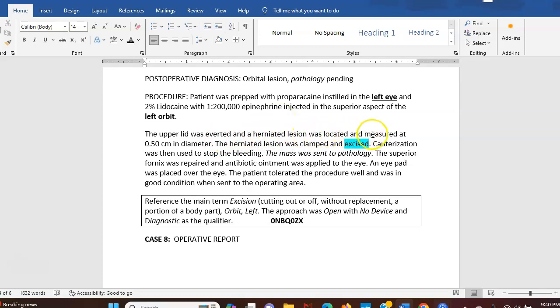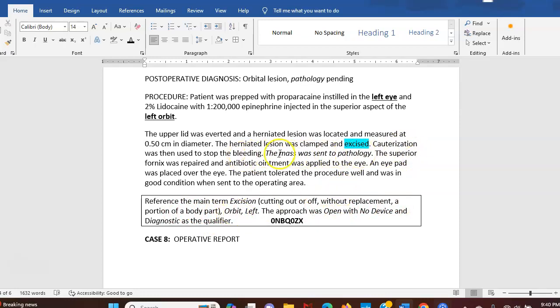So they positioned it so they could get to the lesion. They measured it, and then they clamped it and cut it or removed it here, excised it. So that's going to be our term down here, excision, cutting out or off without replacement a portion of a body part.